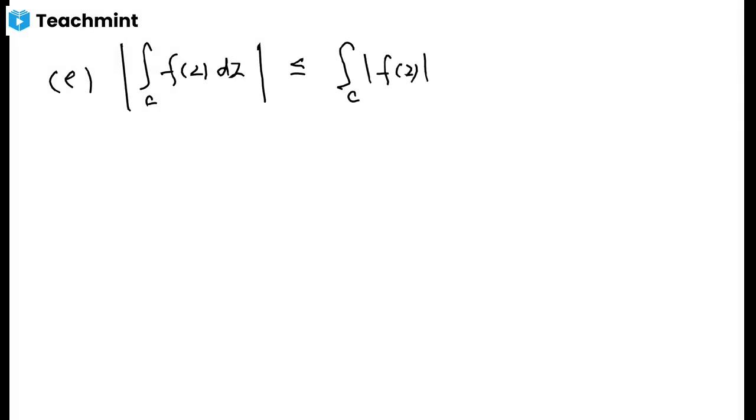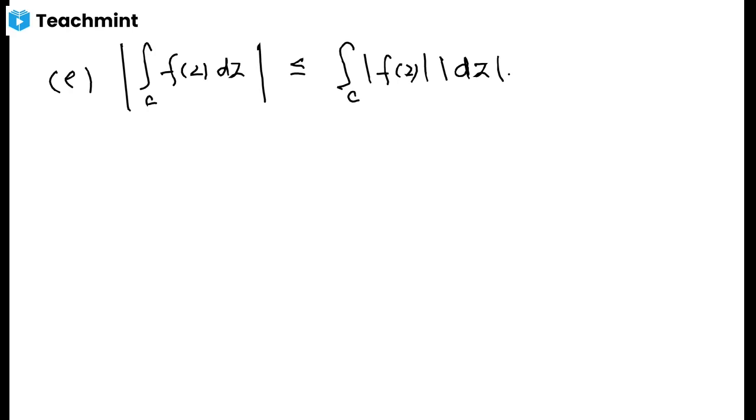So all other things up to D follow from the definition, and a few of them are proved in the notes also. What seems a bit non-trivial is this part, where the modulus of the line integral of a function is less than or equal to the line integral of the modulus of f and modulus of dz.